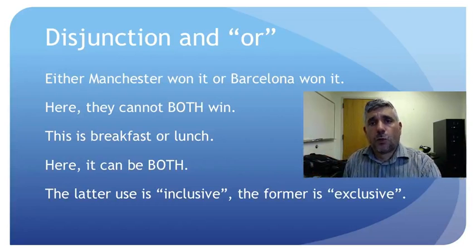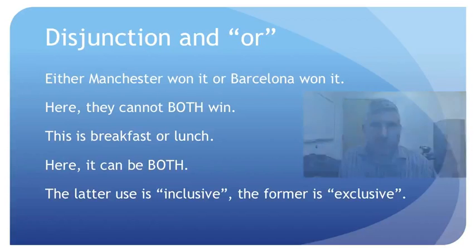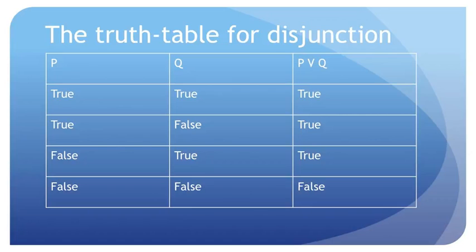So, what's the truth table for the truth functional connective disjunction going to look like? Well, you're going to start with two propositions that are connected by the truth functional connective disjunction. Doesn't matter what the propositions are, just call them P and Q. So there's P, there's Q, and then there's the disjunction of P and Q, which we'll symbolize as follows: P disjunction, which looks like a V, Q. Now, when is P disjunction Q going to be true?